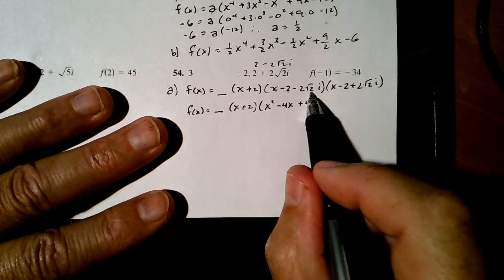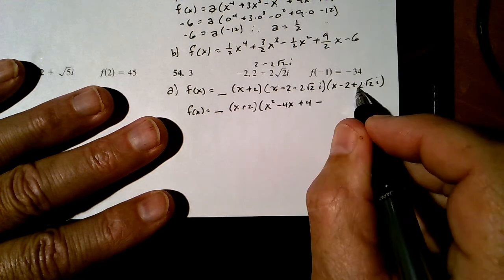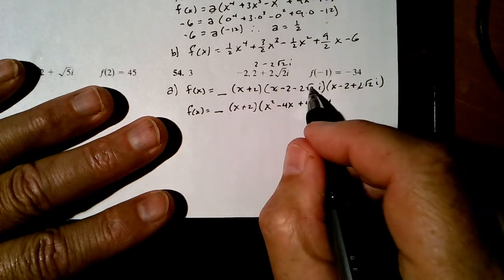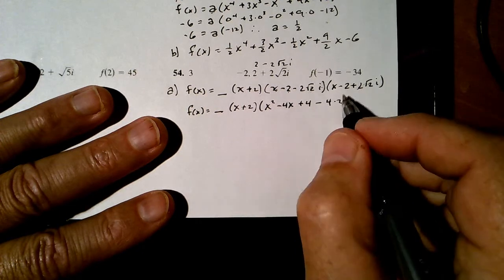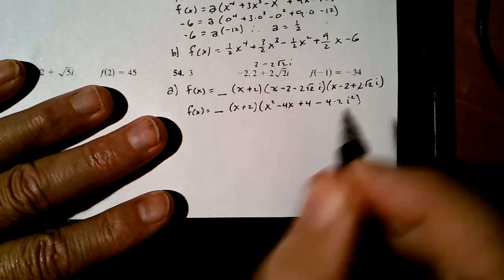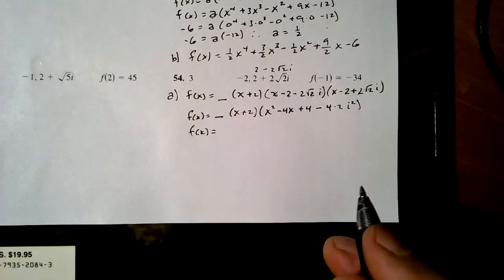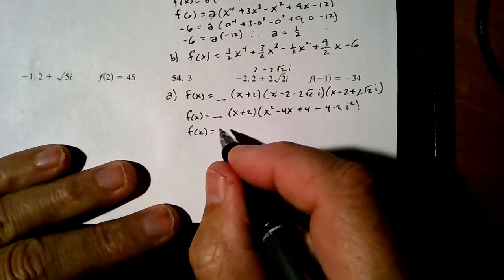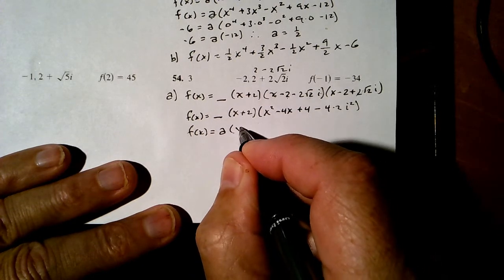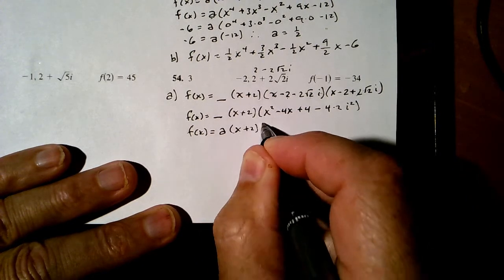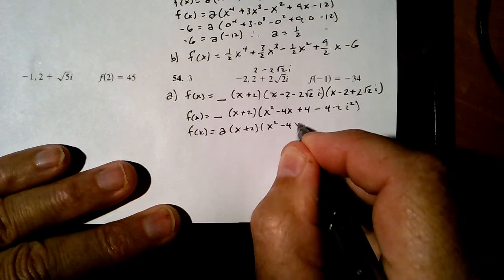And finally, the mess with the mess. Minus times minus, minus. 2 times 2, 4. Square root of 2 times square root of 2, 2. I times I squared. So f of x equals, I'll call it a now, a times x plus 2 times x squared minus 4x.